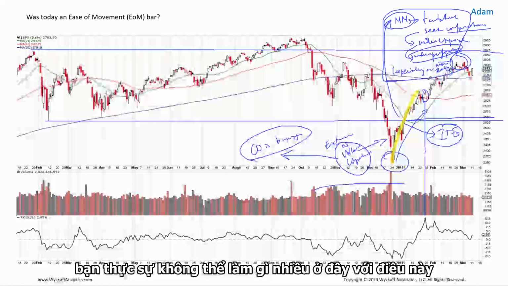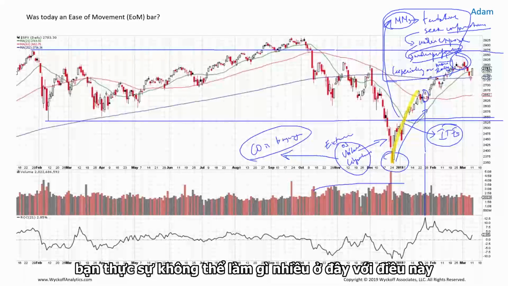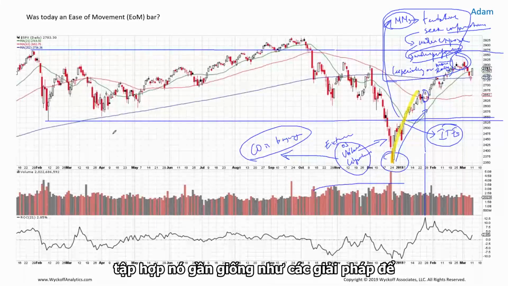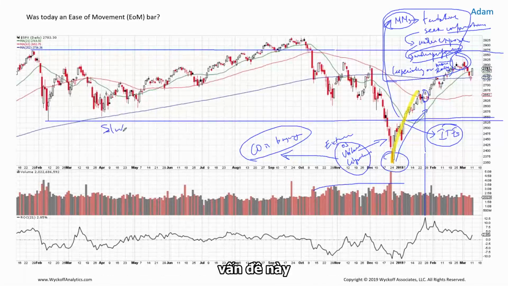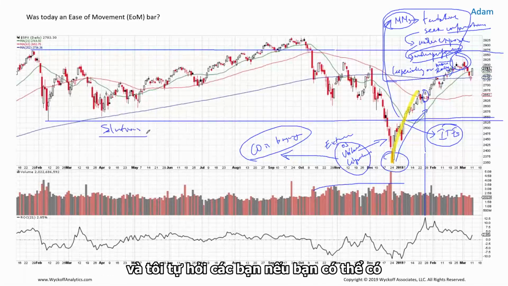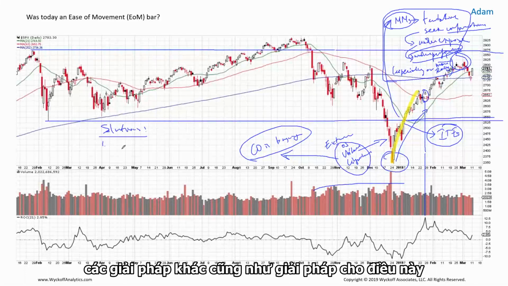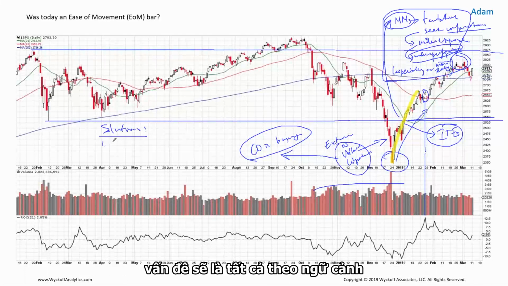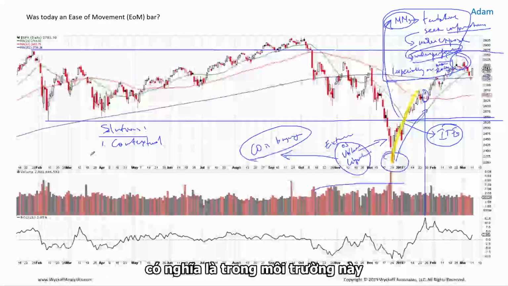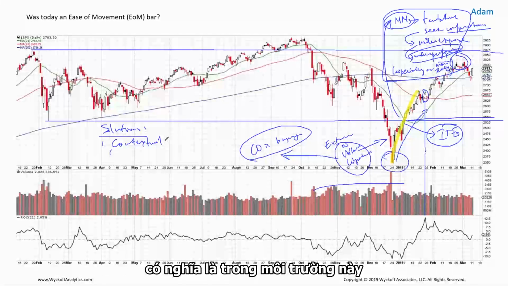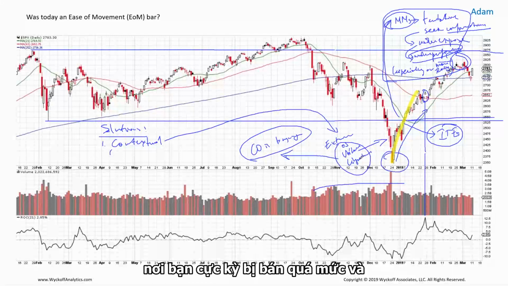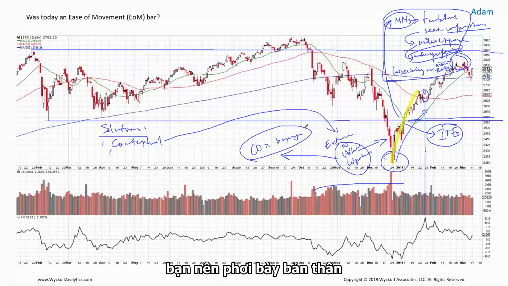Well, you can't really do a lot here with this rally. The solution to this problem, and I wonder, guys, if you might have other solutions as well, is going to be all contextual, meaning that in this environment where you're extremely oversold and there is so much value and liquidity, you should be exposing yourself.